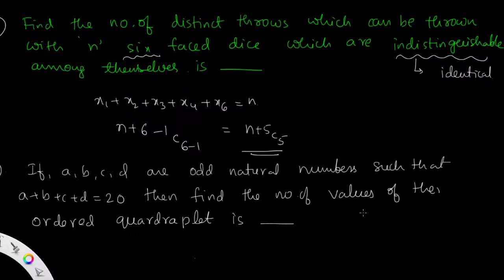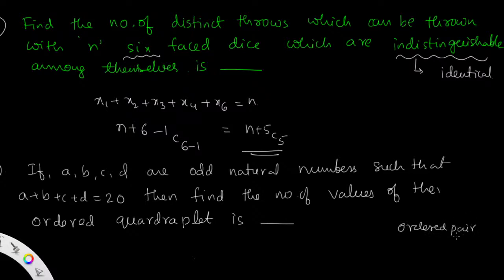What is the meaning of quadruplet? Anybody knows? Different words are in the given questions. Wordings are different. Ordered pair means two terms.